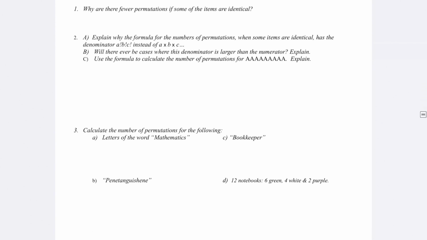All right, let's keep going here. A little bit of an activity here that we do in class, but we're online, so we'll do it this way. Complete the following questions as a group. Record your own answers. Why are there fewer permutations if some of the items are identical? I think we answered that above, but let's think through that. Maybe you want to try and write it down for yourself and think before you hear my answer.